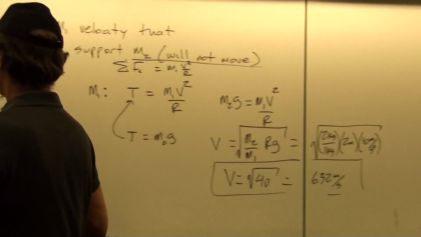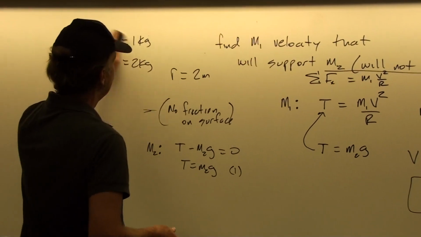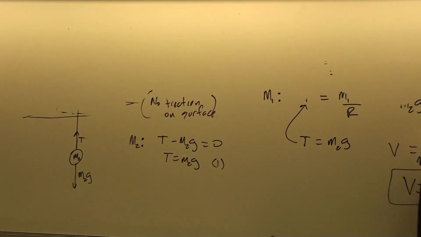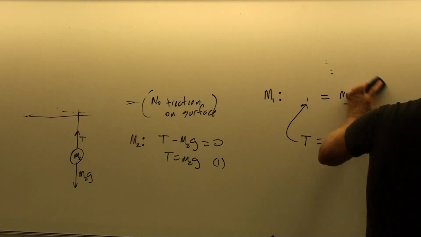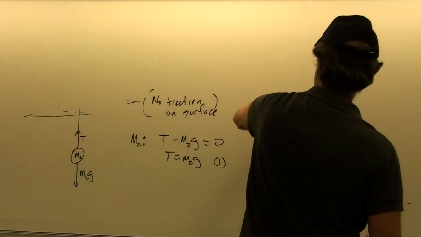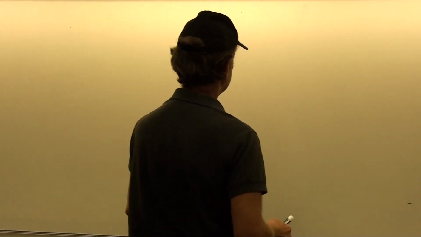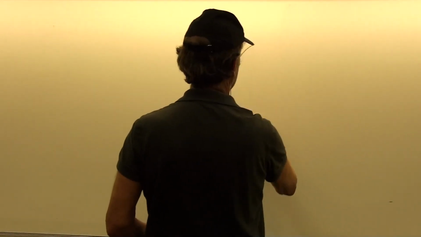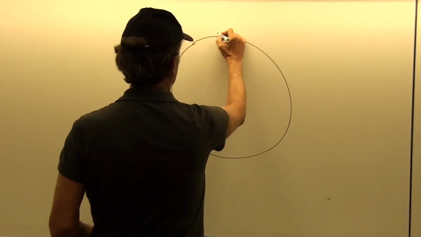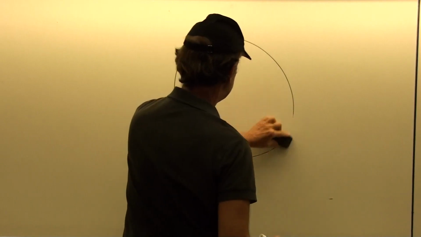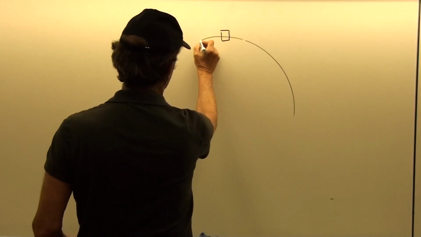In the next example, let's say you're on an amusement park Ferris wheel, and the Ferris wheel is moving with a constant velocity as it goes round and round in a circle. When you're up at the top, you feel a slightly different sensation than when you're down at the bottom.